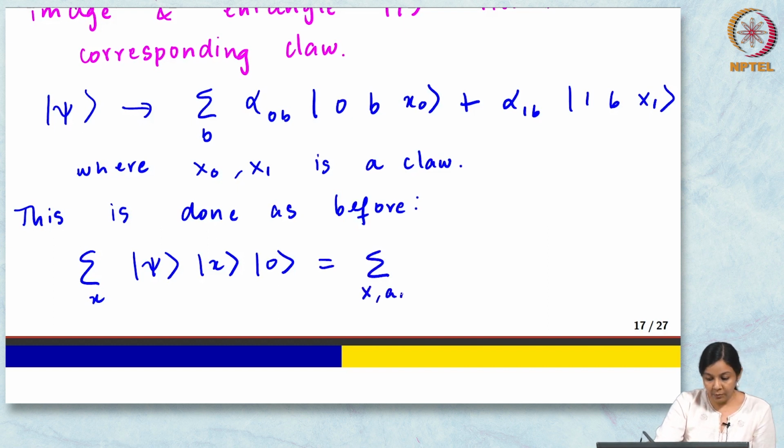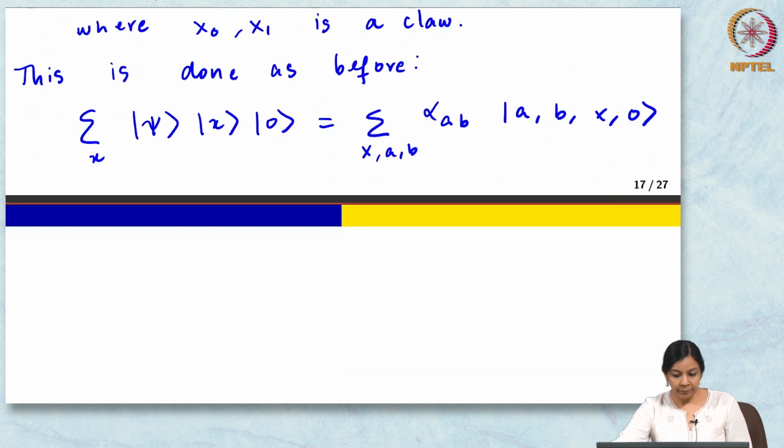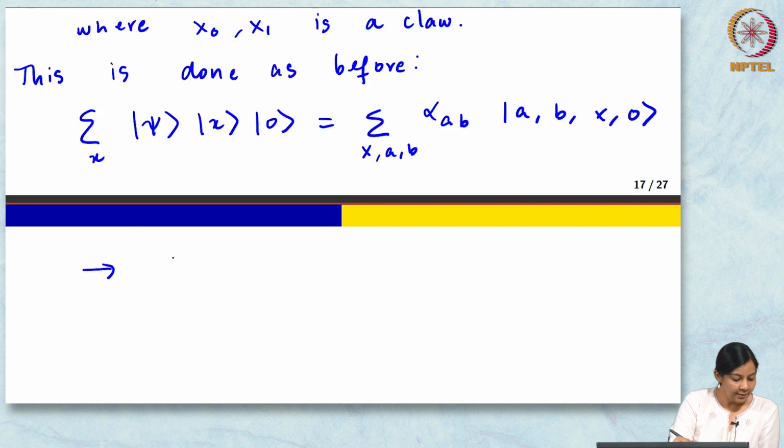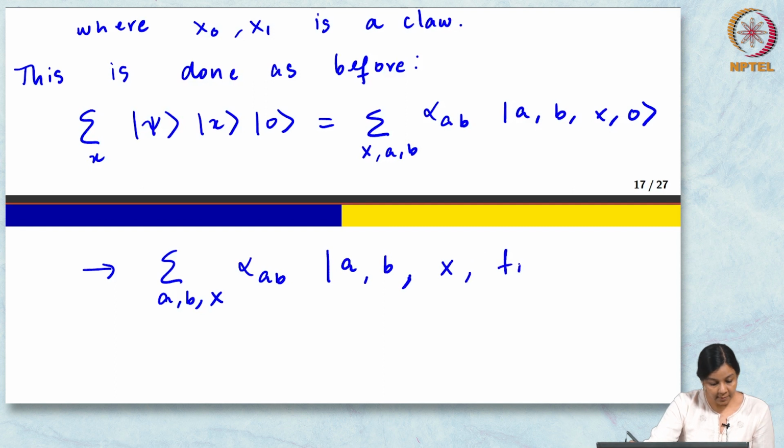Psi is summation over a b of alpha a b, a b. Just expand it out, and I can transform this to summation over a b x of alpha a b, x, f a x.